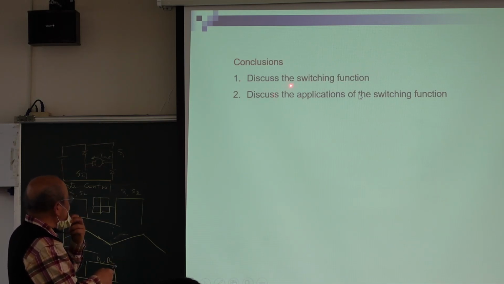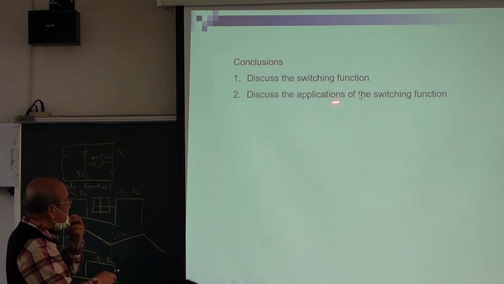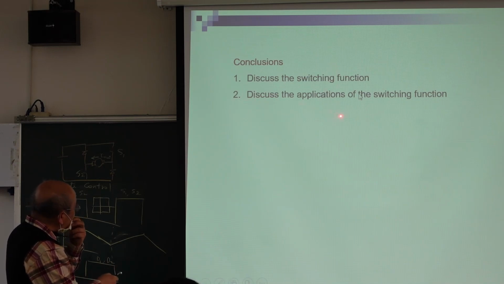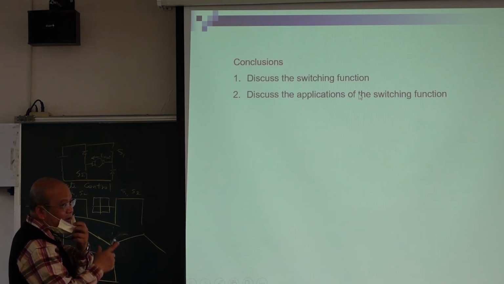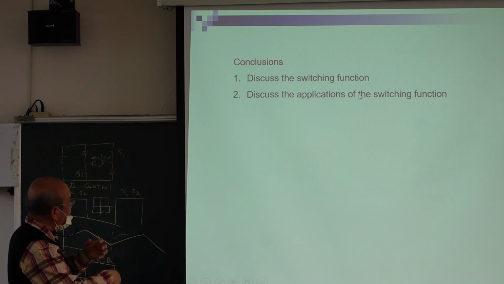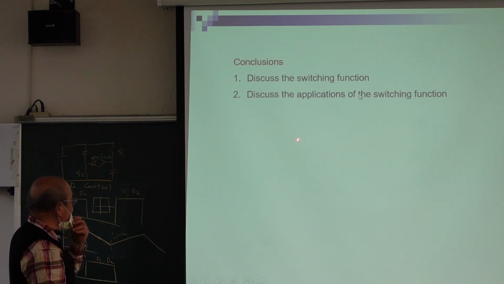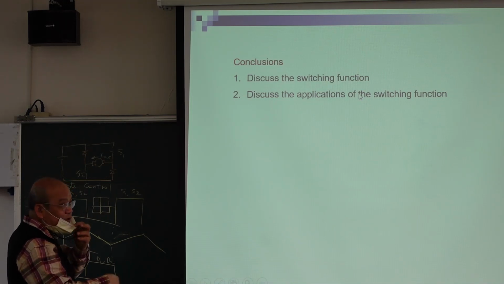So we use the matrix converter, and the matrix converter can be developed to DC to AC, AC to DC, and the H-bridge, right? And then we discuss the application of the switching function. We say it is very useful because the principle is very simple, but the application is very wide. We can use the switching function for every different energy conversion.